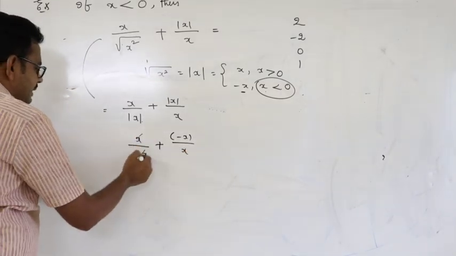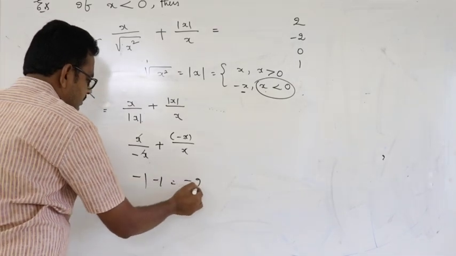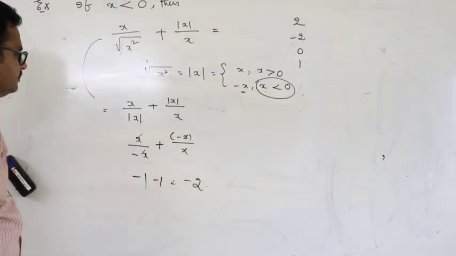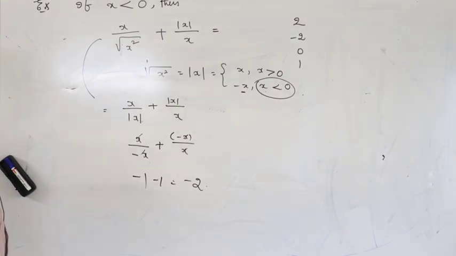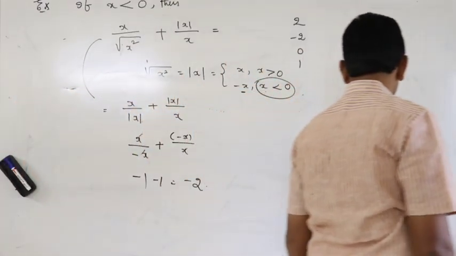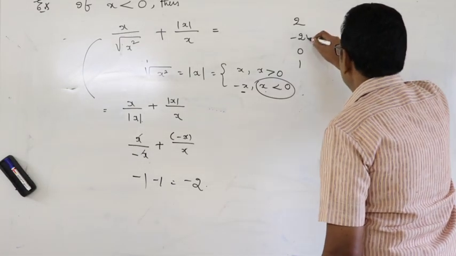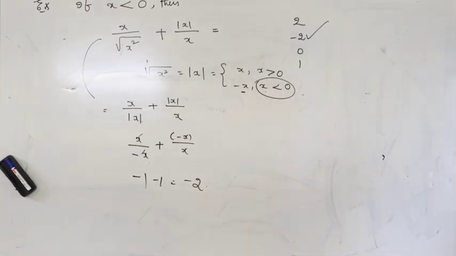Therefore x cancels, minus 1, and that is equal to minus 2. So the second option is correct, minus 2.